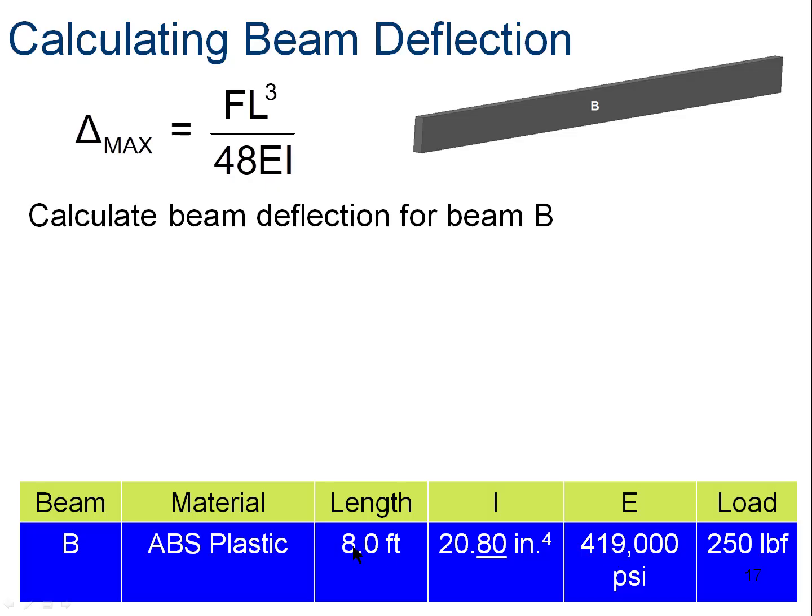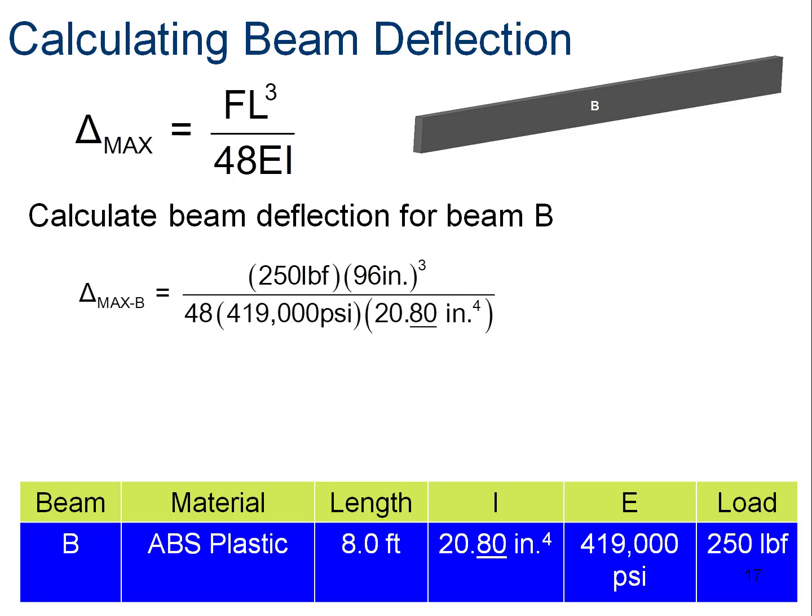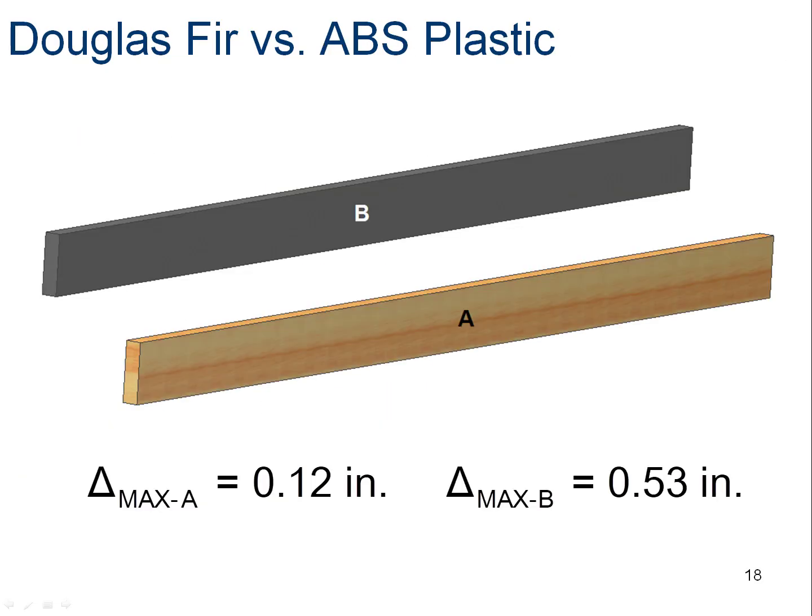So E changed. And I multiply this out, get the same 250 pounds force, the same span of 96 inches, and then my changed E value of 419,000 divided by the same moment of inertia. I get 0.53 inches. So that is why I have a larger deflection calculation. And there you see the delta max is 0.12 versus 0.53.